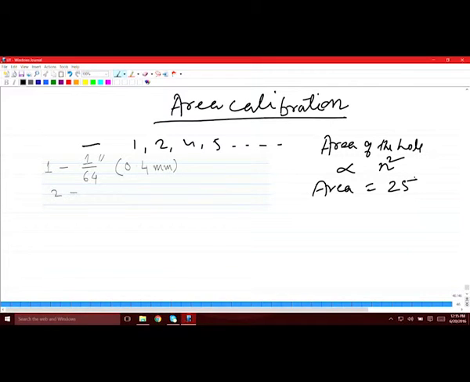Similarly, 2 will be 2 by 64th inch or 0.8 mm and so on. So, now you can easily correlate why the area of the hole is proportional to the square of the number.